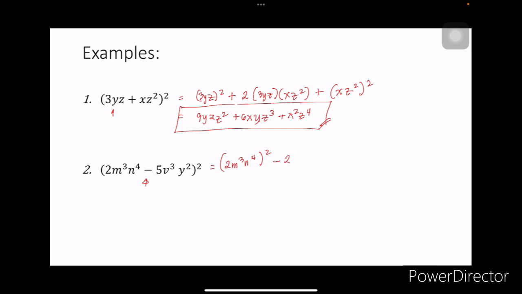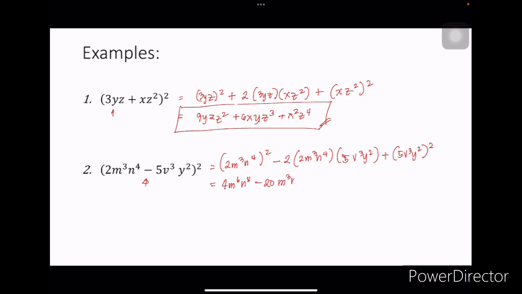Then by default, you write 2 and then multiply the first term and the second term. So you will have 2m cubed n to the fourth times 5v cubed y squared. Then plus the square of the last term. So you have 5v cubed y raised to 2, quantity squared. And now let's try to simplify. So you have 4m raised to 6 n raised to 8. 2 times 2 times 5, that's 20, so minus 20.